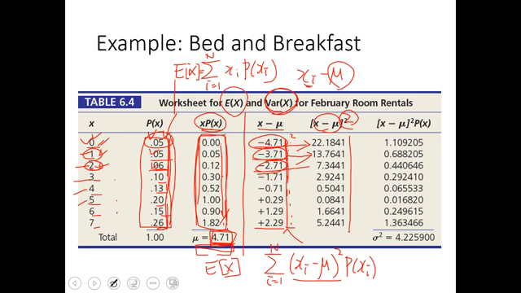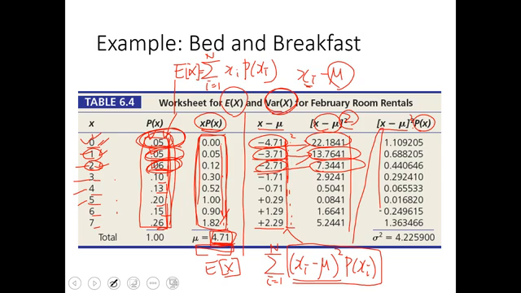Finally we multiply each of these values with its probability, and that is (x minus mu) squared times the probability of x, given in this column.